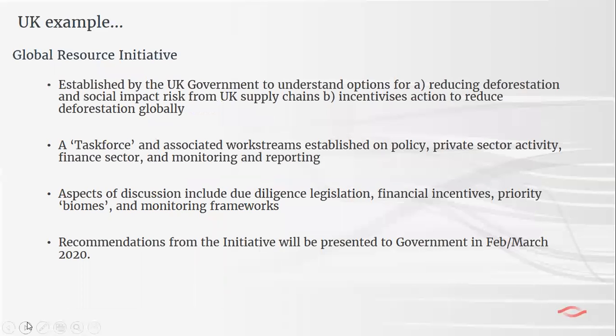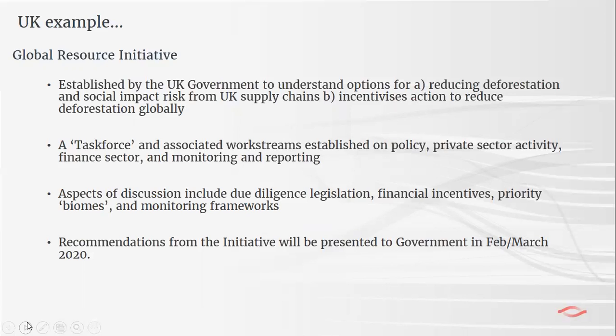So another example of more recent engagement that we've been undertaking within the context of the UK is via something that the UK has established called the Global Resource Initiative, or GRI, which is trying to understand options for the UK, both in reducing its own deforestation risk exposure, not just for soy, but across multiple commodities, but also attempting to partner with other countries and actors to reduce global deforestation linked to agricultural commodities internationally.